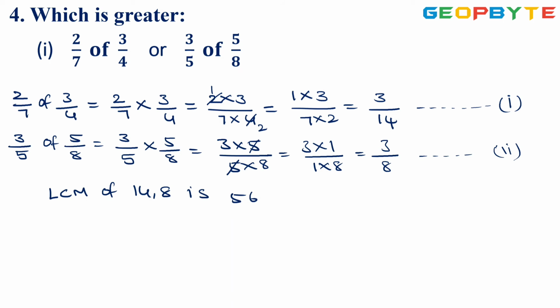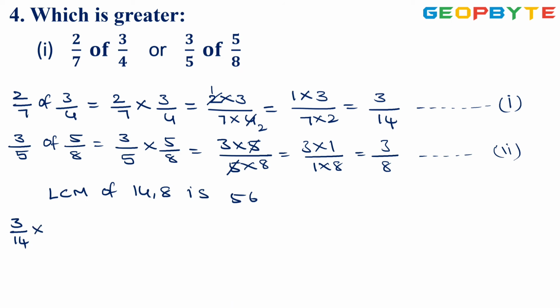Now let us change each of the given fraction into an equivalent fraction having 56 as the denominator. So 3 by 14 is the first equation result, right? So we need to get the denominator as 56. So what we need to do? We need to multiply 14 with a certain number. So what is that number? 14 fours are 56.